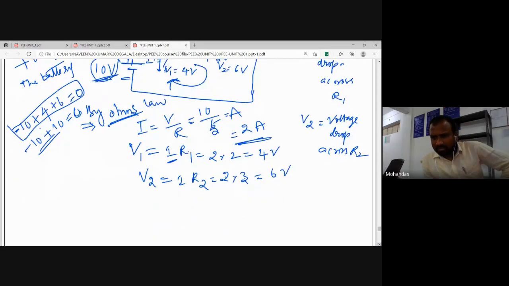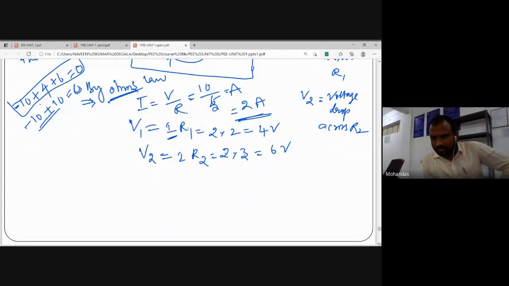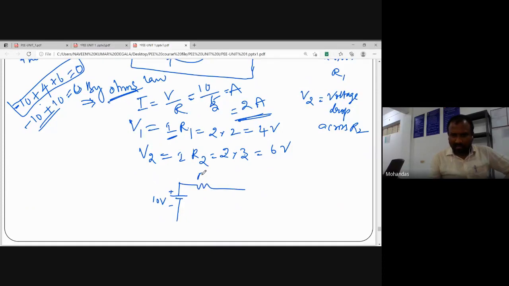Otherwise, we can also solve this problem by using the KVL. Let me take 2 minutes. This is 10 volts, plus and minus, R1, R2. This is I. The unknown voltage is V1, with polarities plus and minus.